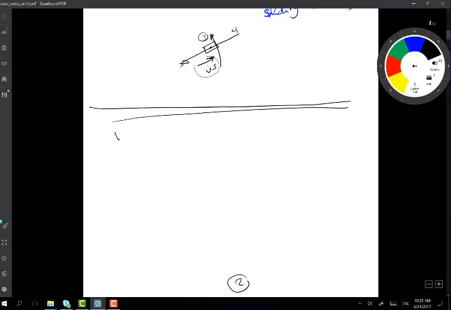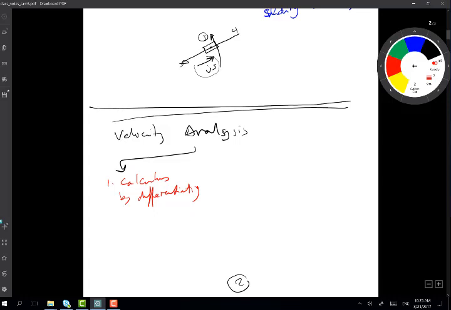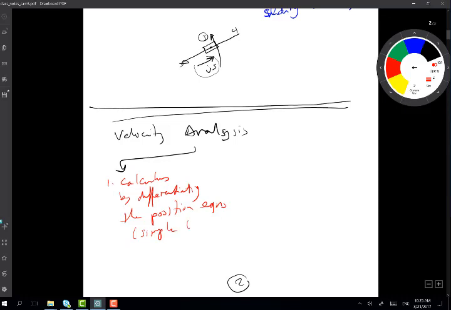So for velocity analysis, we can either use calculus, differentiating the position equations, and this will be for simple linkages where the equations are differentiable.